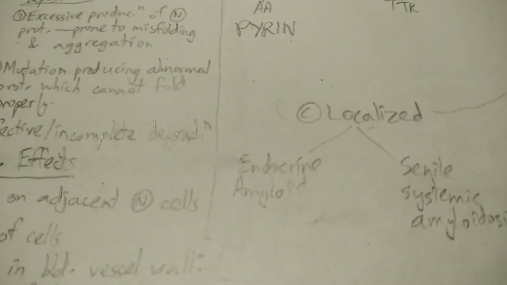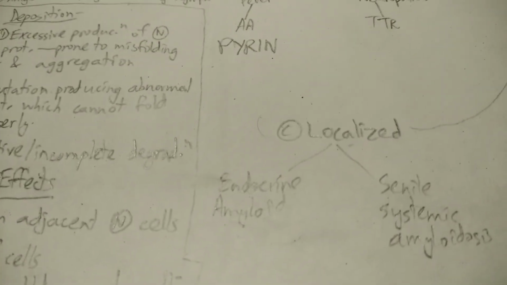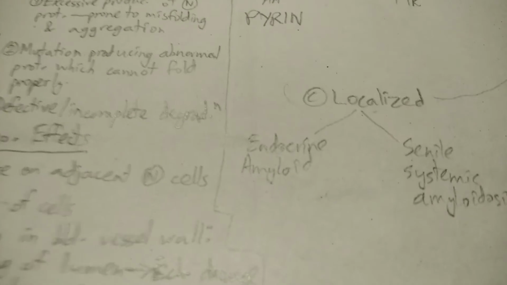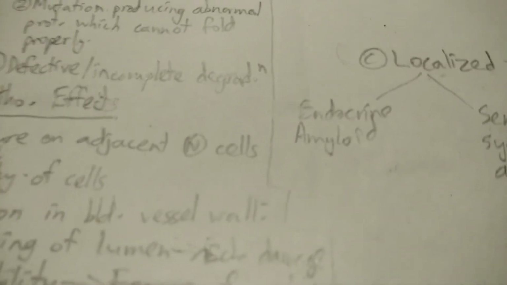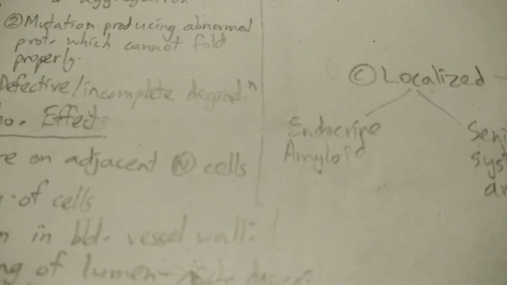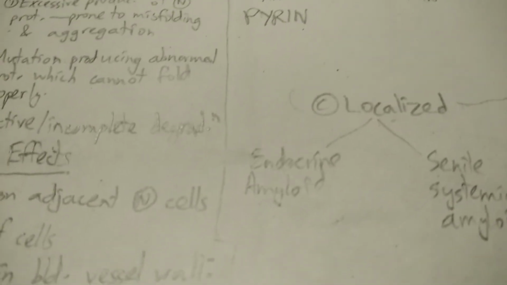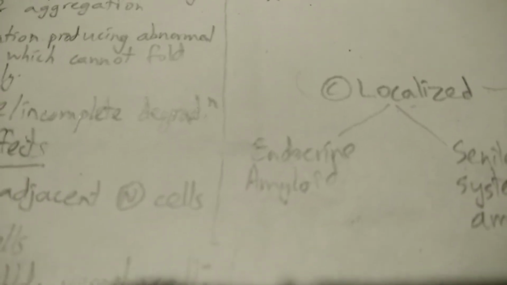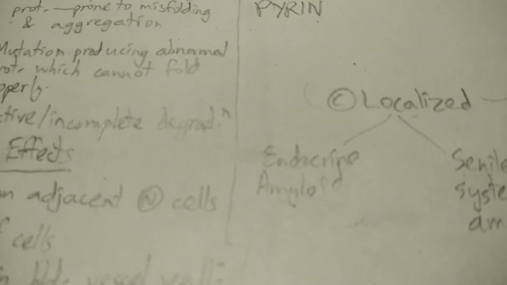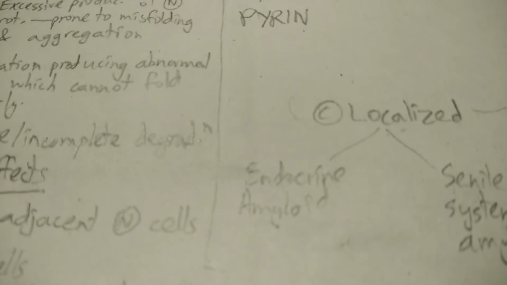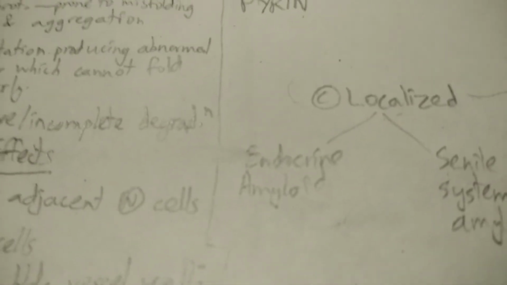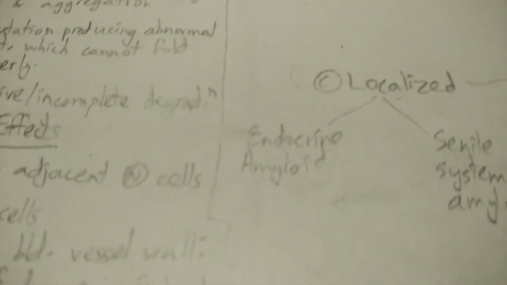You often find it deposited in the lungs, larynx, skin, bladder, or tongue. In endocrine glands, you find endocrine tumors such as carcinoma of the thyroid, islet tumors of the pancreas, pheochromocytomas, which affect the adrenal glands, and undifferentiated carcinomas of the stomach. It can also be seen in the islets of Langerhans of the pancreas in type 2 diabetes mellitus.